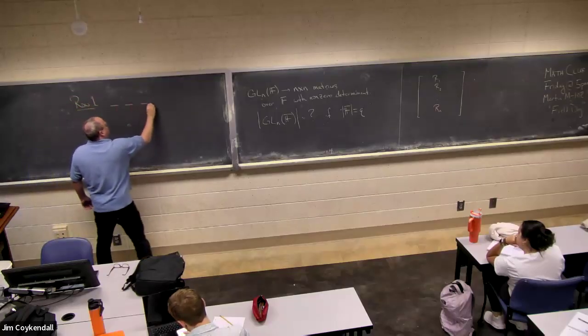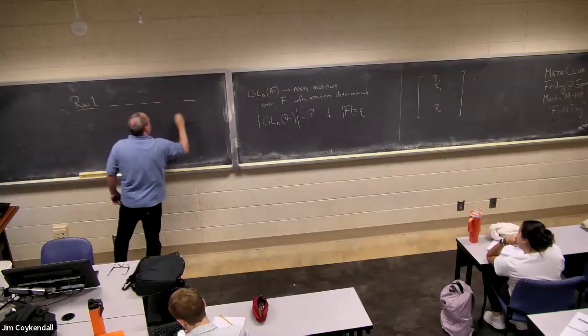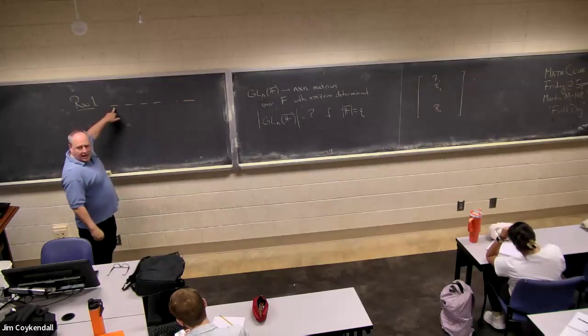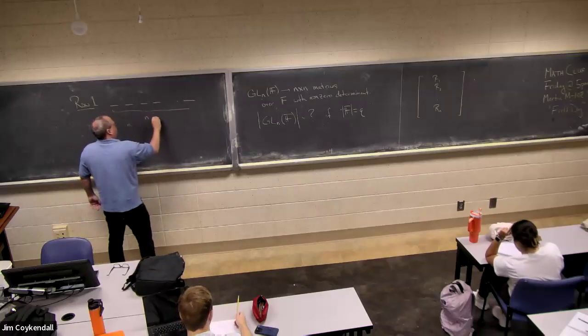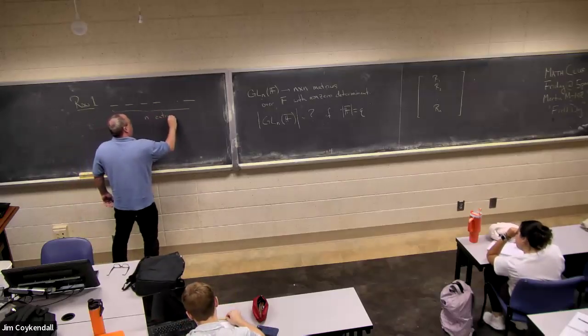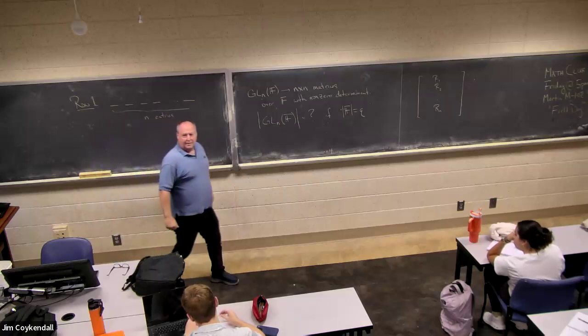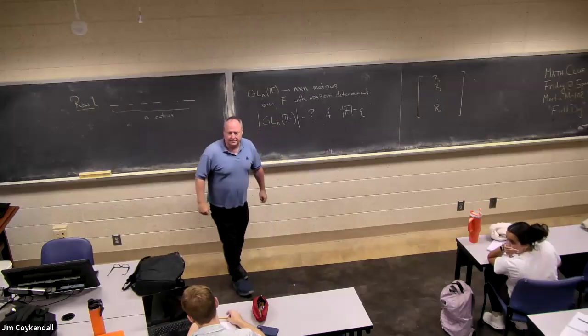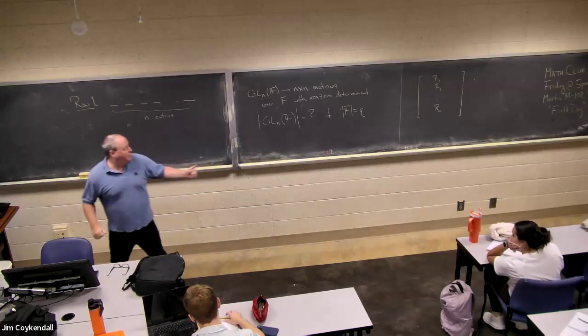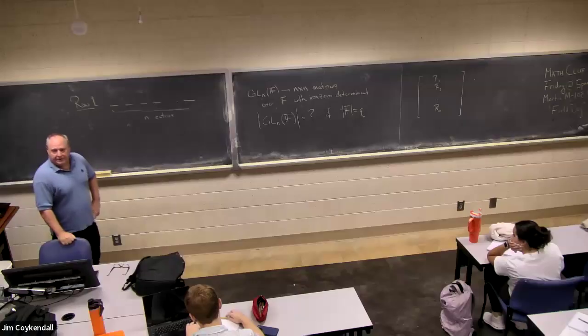Row one, you have n entries, right? Choices. How many choices, Frank? Q to the n. Right? Because this is a field that has exactly Q elements.